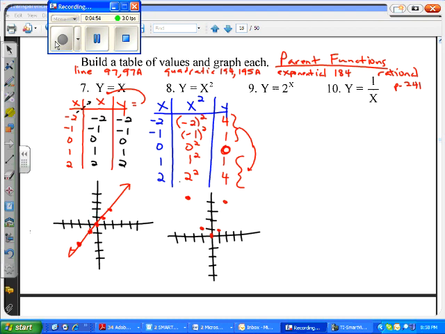And you can see that the graph is kind of a U-shaped thing we call a parabola, and it should be symmetrical about the y-axis. In other words, it should be the same distance here as here. I didn't do a real good job of graphing that because my ditto marks weren't the same. But it would look something like that if we had all our points in the right spot. Okay?